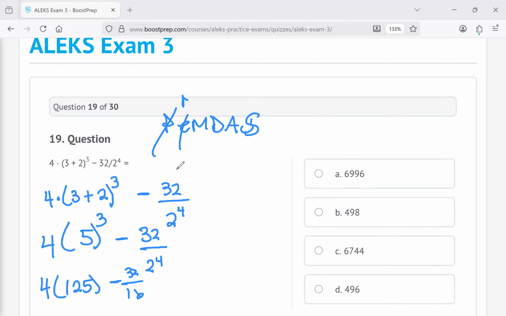Do we have a multiplication? Yes. 4 times 125 is 500, minus, and then do we have a division? Yes. 32 over 16 comes out nicely as 2. Lastly, what's 500 minus 2? 498.